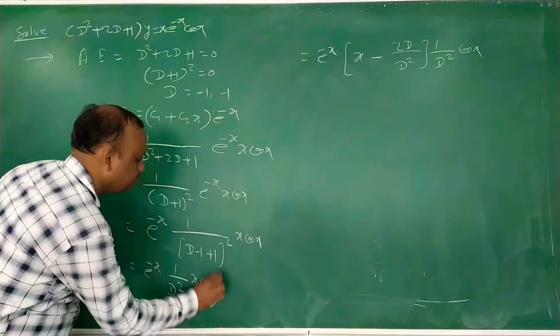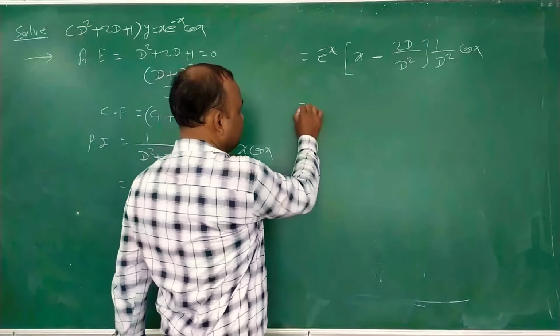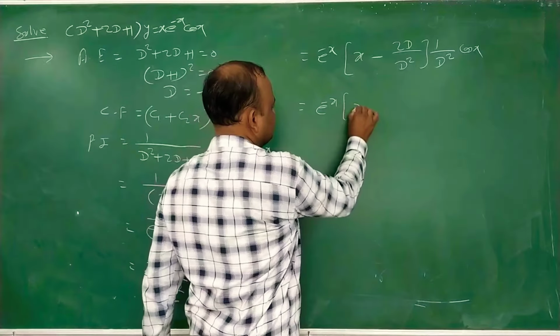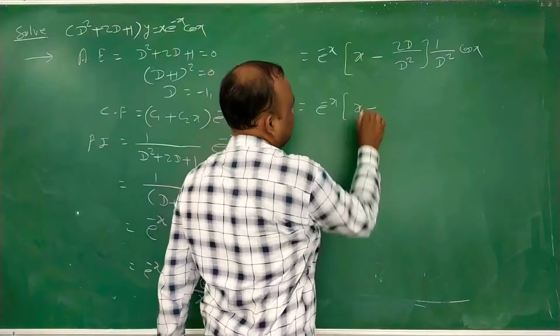Now simplify this. This is equal to e^(-x) into [x - 2D/D²], one D cancels, that is 2/D. And here for cos x, replace D² by -1², means cos x upon -1². -1² is -1, so minus cos x, multiply inside. This is e^(-x) into -x cos x, this minus plus 2/D into cos x.